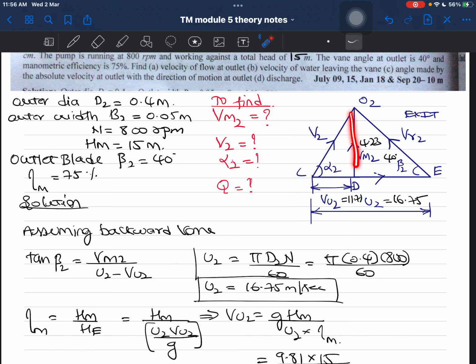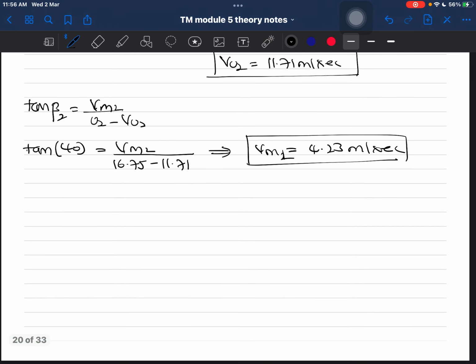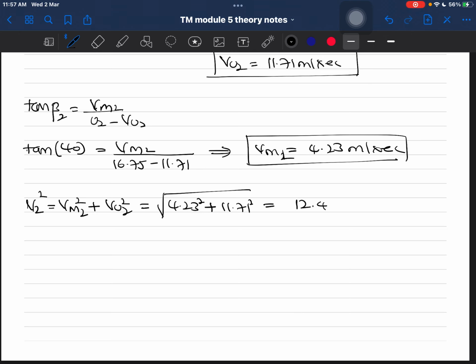So you have the value of this and this, so you can apply Pythagoras to calculate the hypotenuse. V2 squared is equal to Vm2 squared plus Vu2 squared. So that is equal to the square root of 4.23 squared plus 11.71 squared. So this is 12.45 meters per second, the value of V2.